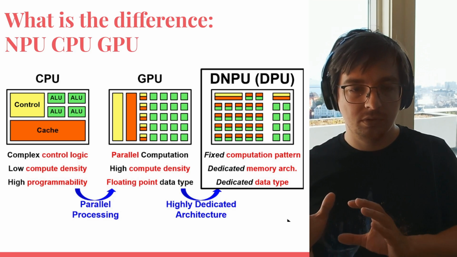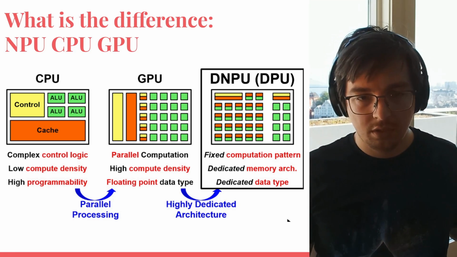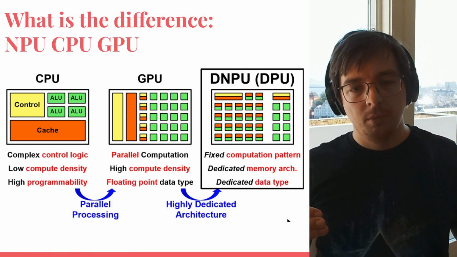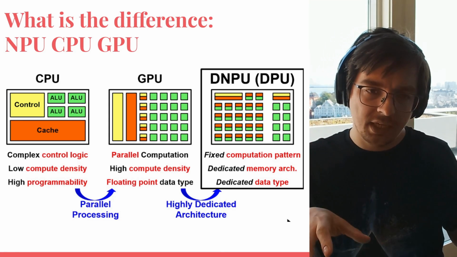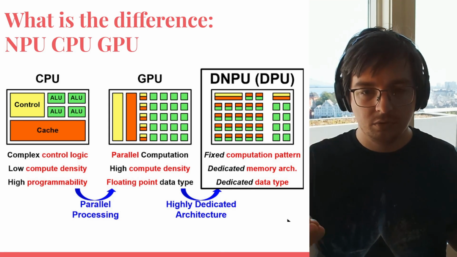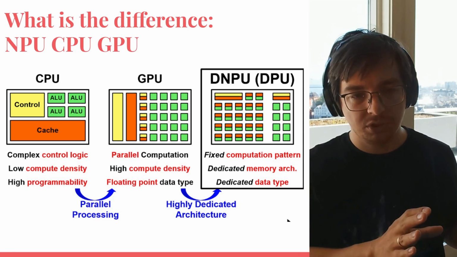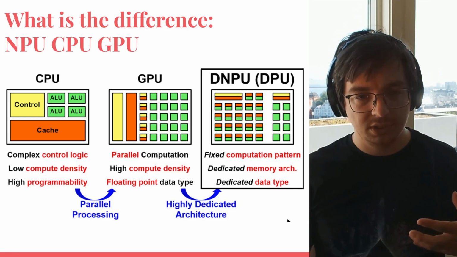For GPU, the main difference is that you have a lot of computational units on your silicon, but for memory access, usually you have some part of memory with fast access, but most of the memory has slow access, and of course you need to spend some time on synchronization and stuff like this.